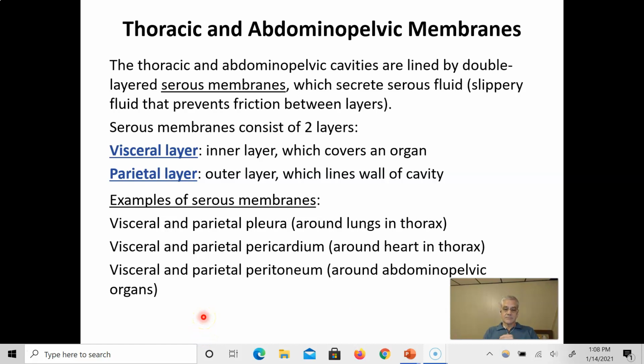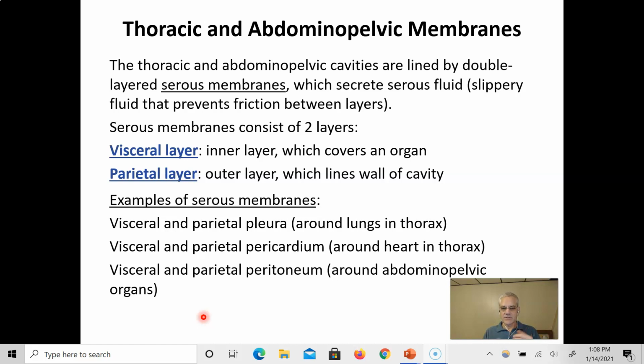Next up. We've talked about one of these already. There's thoracic and there are abdominopelvic membranes. Oh, no, I'm sorry. We haven't talked about these. Never mind. Thoracic and abdominopelvic membranes. So membranes, in the human body sense, what we're talking about is a two-membrane or a double-layer membrane system. There's a specific reason to have these. And it's written right up there.